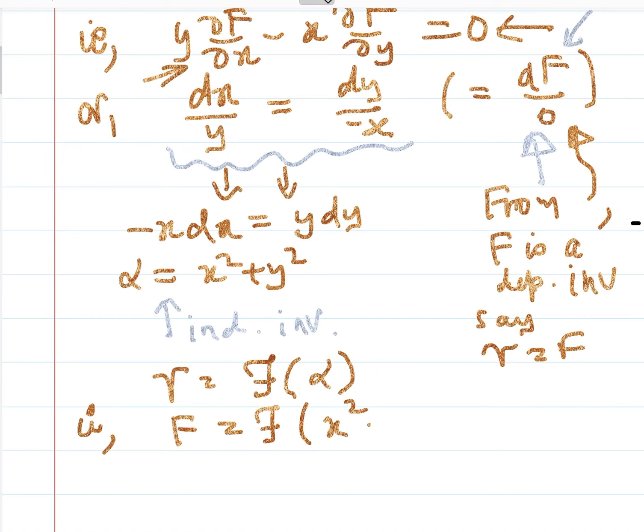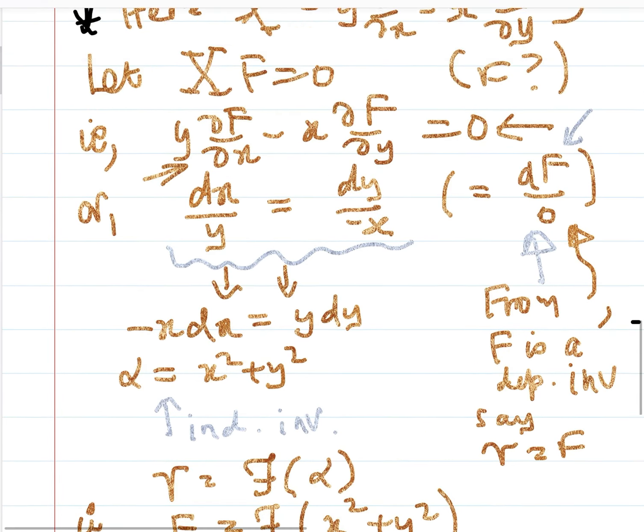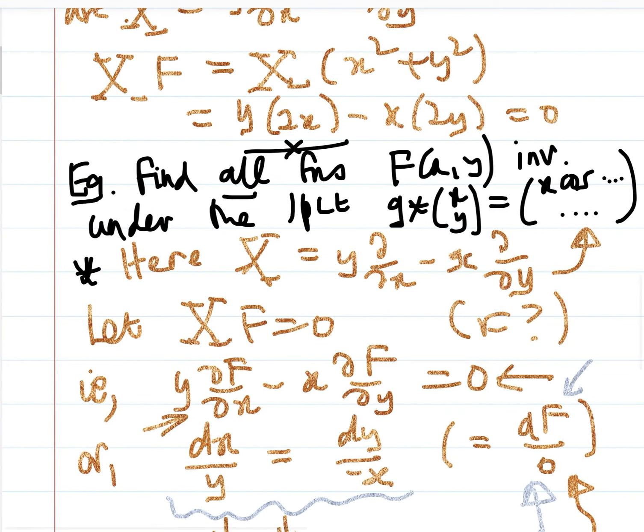Alpha is x squared plus y squared. So any arbitrary function of x squared plus y squared is an invariant of this one parameter Lie group of transformation indicated here. So essentially we used the theorem to determine that.